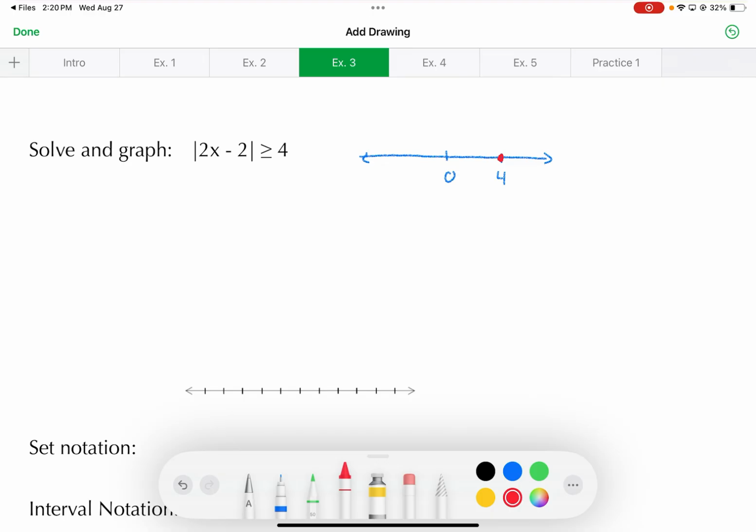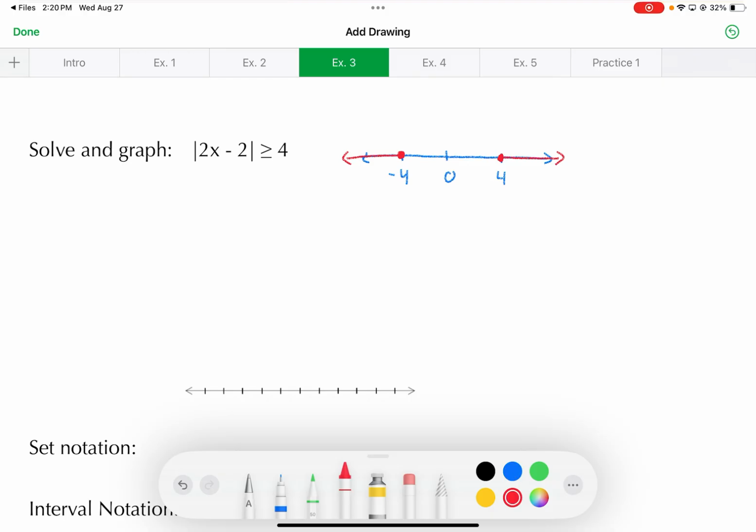And where else? Negative 4. Okay. And then where else would you be greater than 4 units from 0? To the right of 4 and to the left of negative 4. Very good. To the right of positive 4 and to the left of negative 4, right?